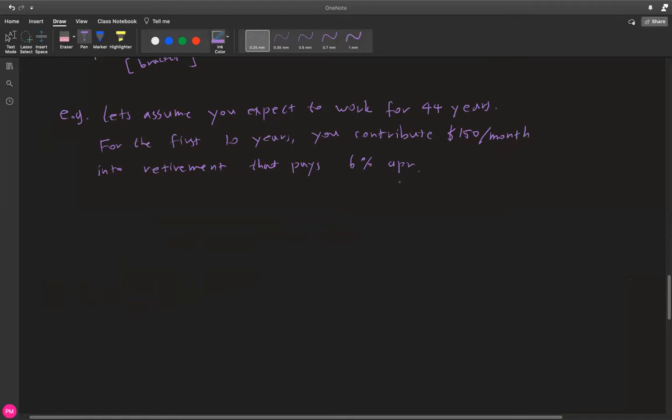So that makes sense, right? So out of the 44 years, for the first 10 years, you are now contributing $150 a month into the retirement savings account.